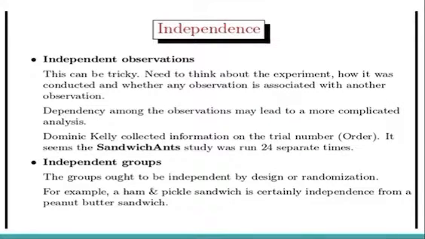With that, the independence assumption is basically going to hold. That is why I said the groups ought to be independent by design or randomization. What do I mean by randomization? The way you select participants into your sample, you need to use the principle of randomization.